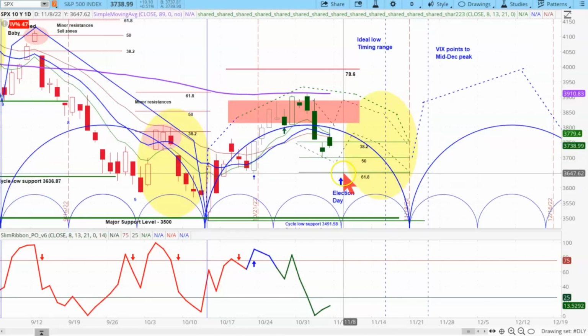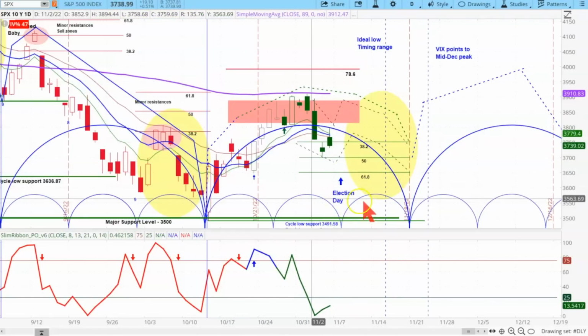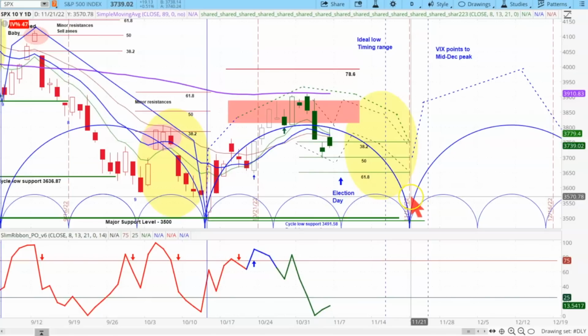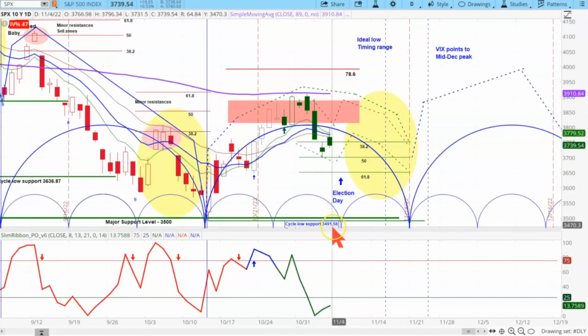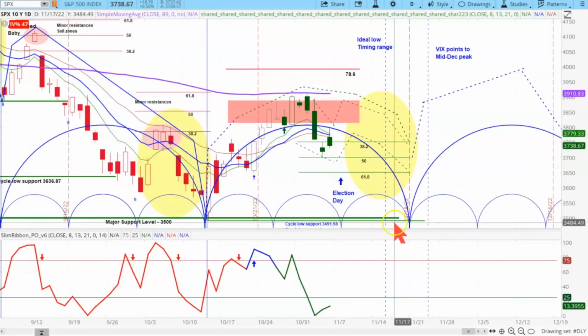Now, were we to start to get under 3650 or the 78.6% that's not in here, around 3570, that would be some warning. And of course, under this level of 3491 would be terrible, and that would set up very significant declines going out into the March time frame, where we think the ultimate bear market low is probably coming.